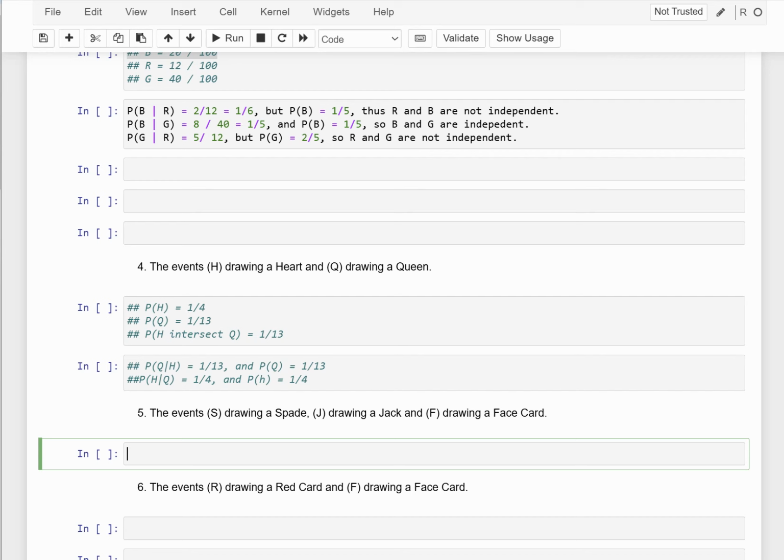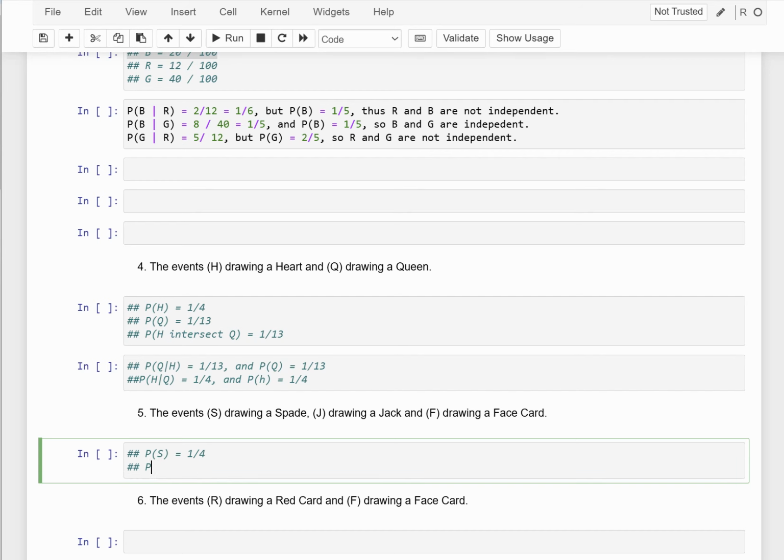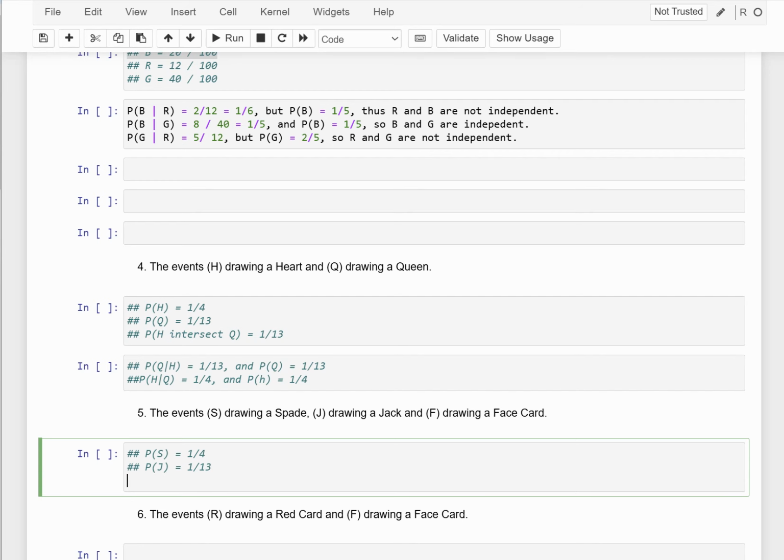The events of drawing a spade, drawing a jack, and drawing a face card. So what do we have? The probability of S is equal to 1/4, and the probability of J is equal to 1/13th. And the probability of a face card, well, how many face cards are there?